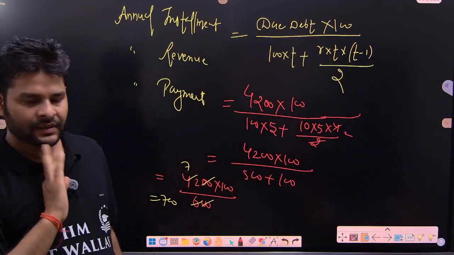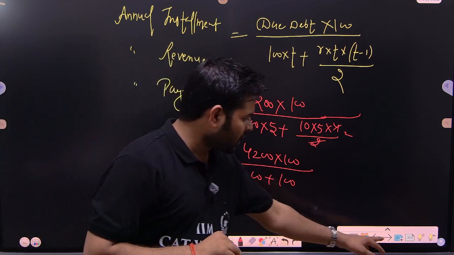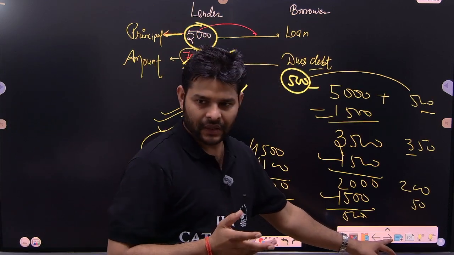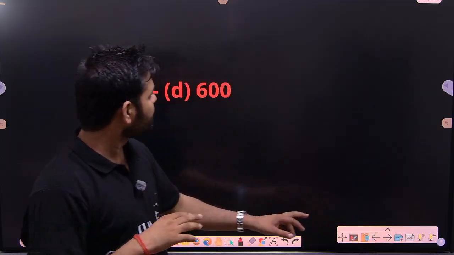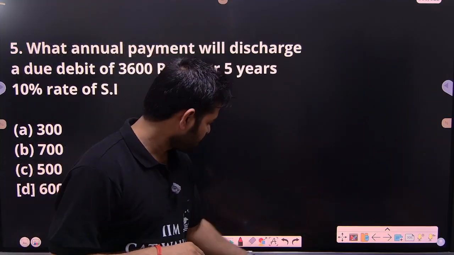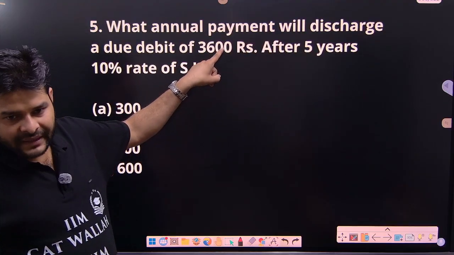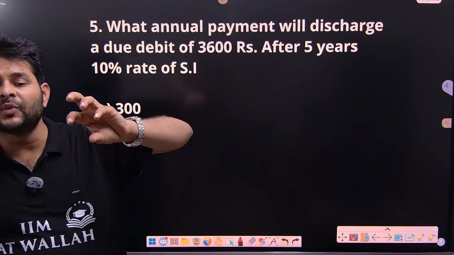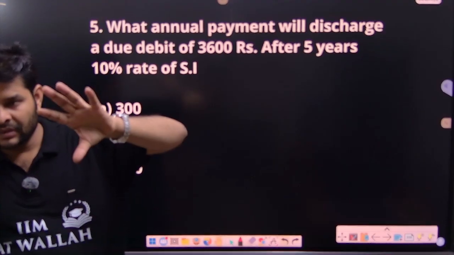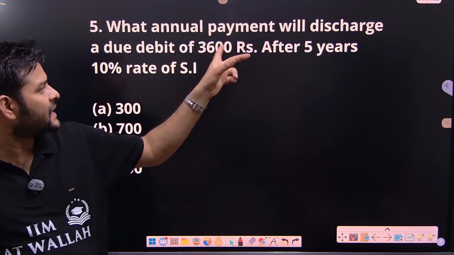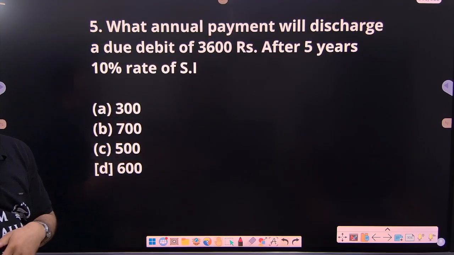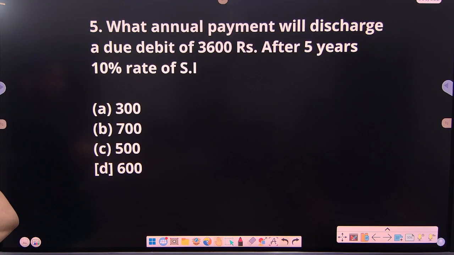Got it? In question number 2, you need to plug in that formula by yourself. The same question you have been asked. Guys, have a look. Due debt is 3600. You have been asked what would be the installment. What would be the fixed installment to discharge 3600? Plug in the formula and get the answer.